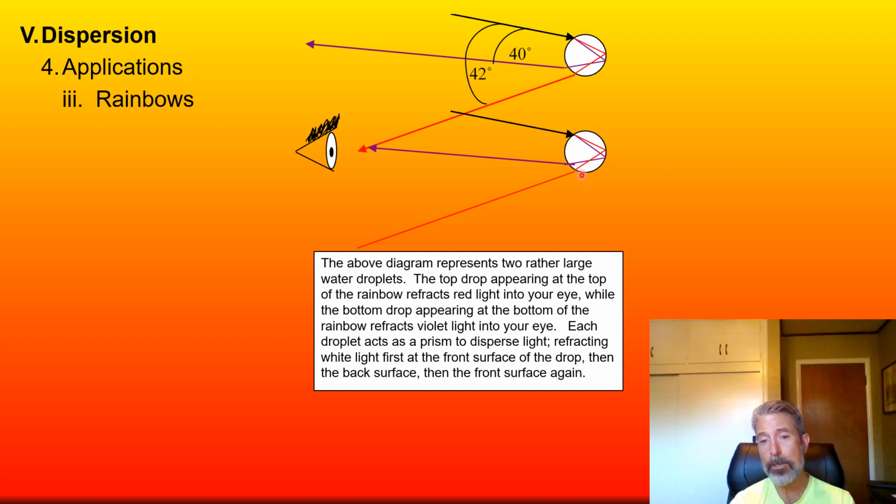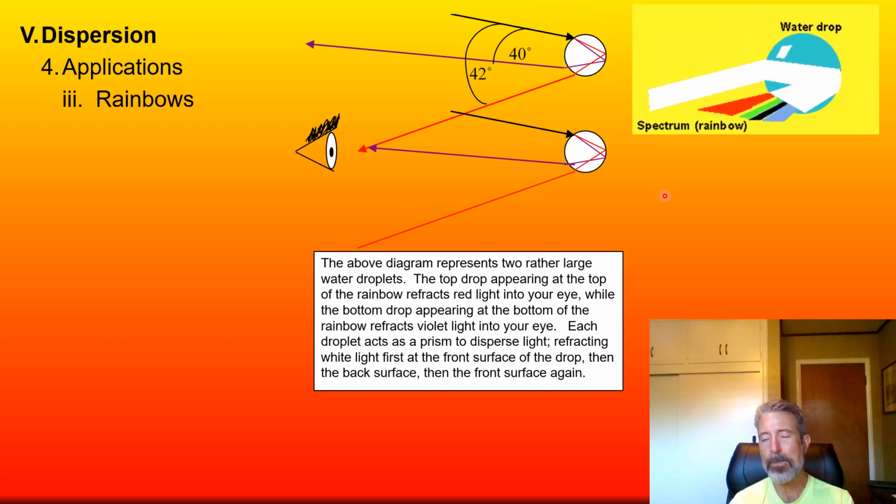For the water droplets that are lower in the atmosphere, you'll see the same phenomenon happens here, that the light gets dispersed upon entering the water droplet, so that we get the separation of colors. But for those lower droplets, the violet light will get refracted into your eye, whereas the red light will hit the ground.